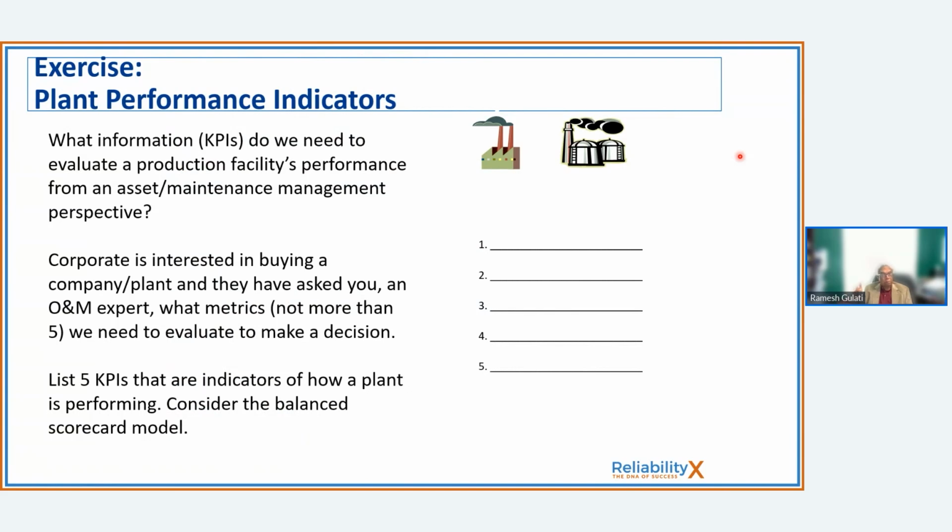Think about the balanced scorecard model. We want something in each of the 4 categories of the balanced scorecard. Number 1, number 2, number 3, number 4, number 5. Write this down and let's see what we come up with.